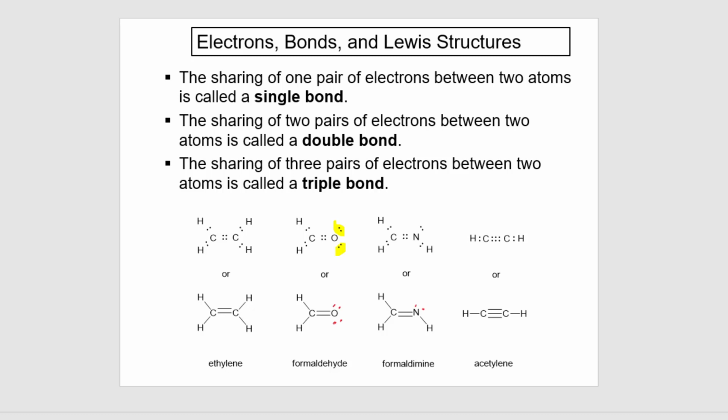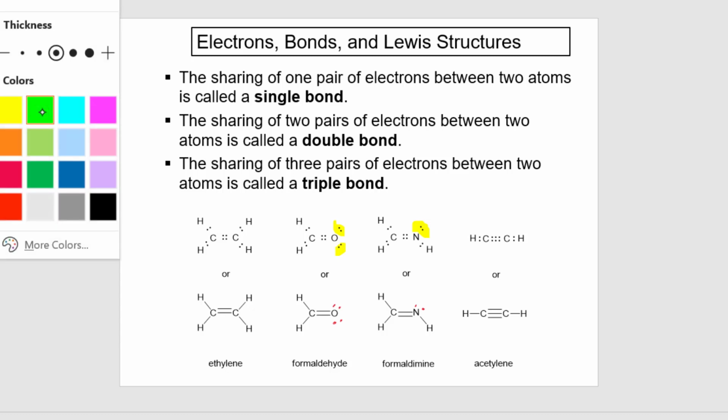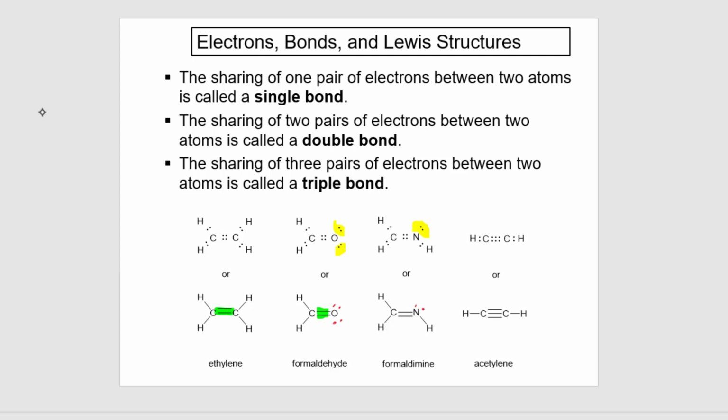The nitrogen is missing its lone pair, which is right here. All the others are lines representing the bond. And acetylene, far to the right, that one looks good. The carbons, the hydrogens, everybody's in their octet. So notice that you can have 2 atoms with multiple bonds between them, multiple covalent bonds between them.